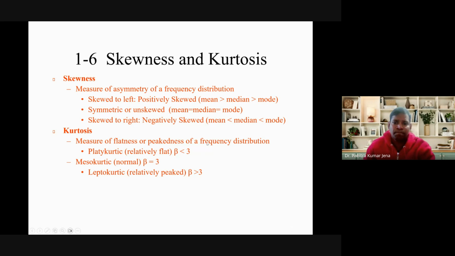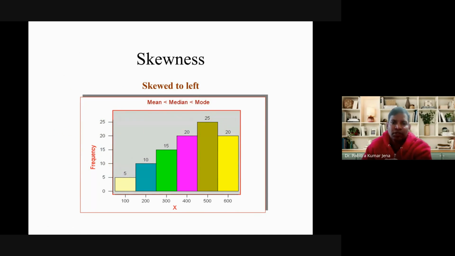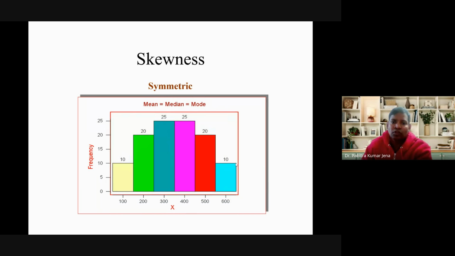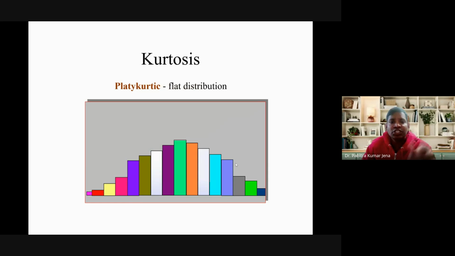Understand? So you can see this one. This is skewed to the left. This is symmetric, equally distributed on both sides, left and right. This is skewed to the right. This is platykurtic, which means it is more flat.